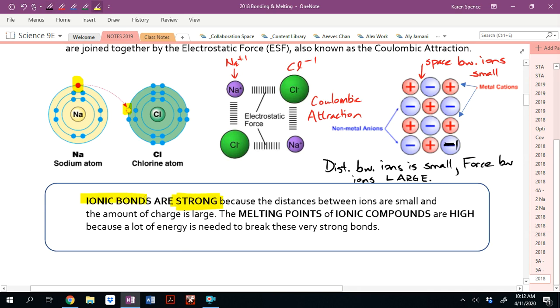Ionic bonds are strong, and so is it going to take a high temperature or a low temperature to break those really strong bonds? It's going to take a really high temperature. And so the melting points are going to be very high because a lot of energy is needed to break those very strong bonds.